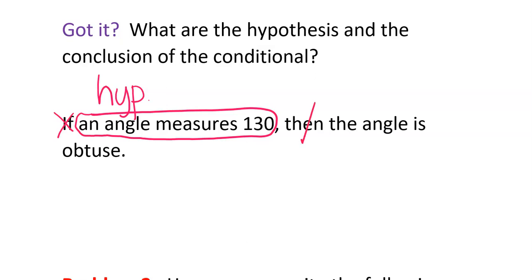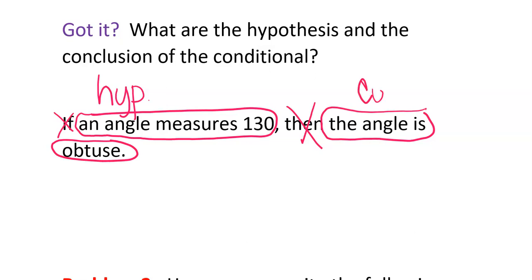My keyword is then, and I circle or write everything else. You could do H colon and then write it and then C colon or something like that. You don't have to write out the whole word. So the conclusion, the angle is obtuse. That's the easiest part of today. I'm not saying that the rest is hard, it's just different.